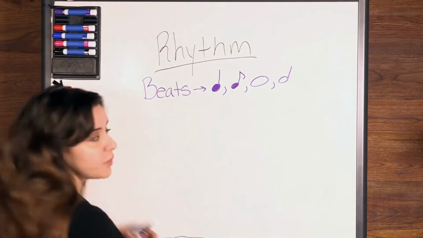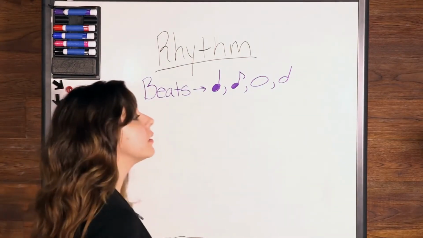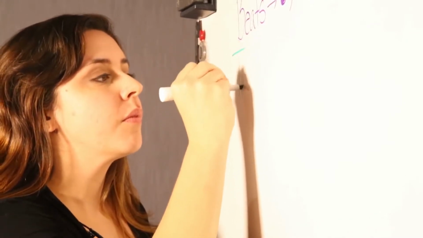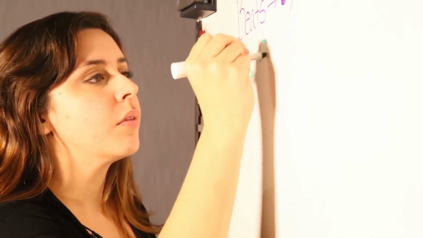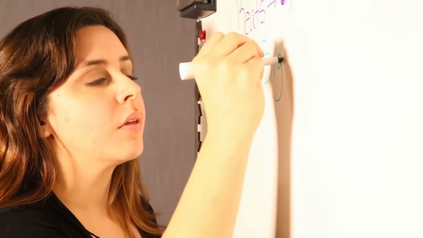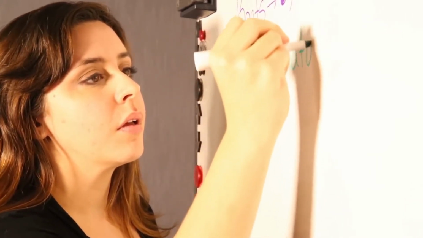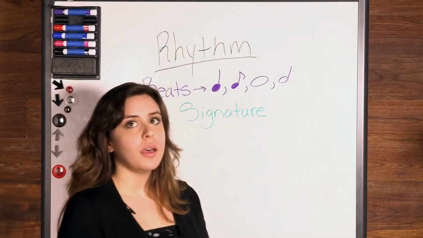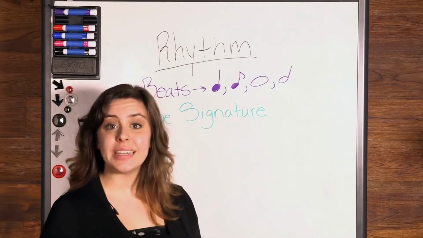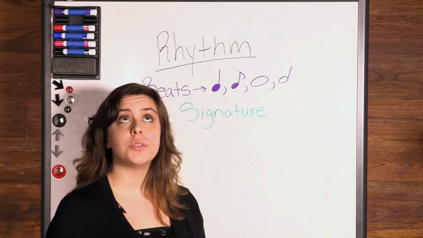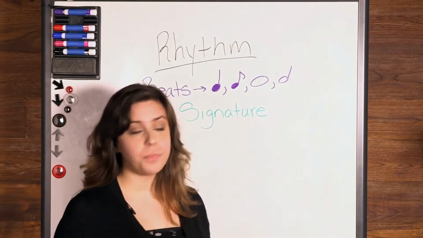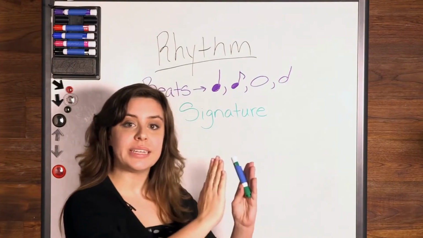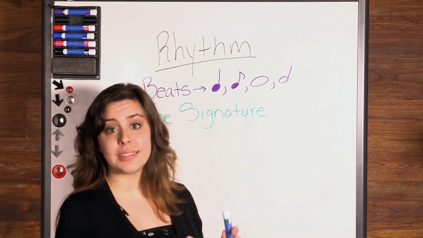Another aspect of rhythm is time signature. And time signature, for those of you who may have actually seen an actual musical composition, would be best described as those numbers that are at the very beginning next to the treble clef or the bass clef.